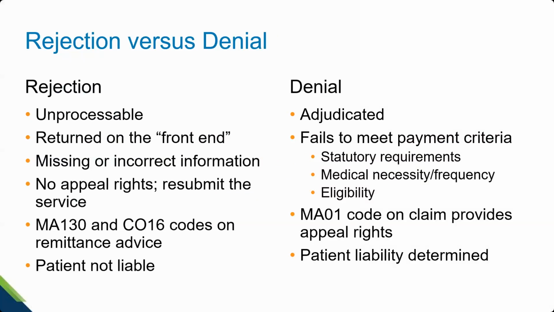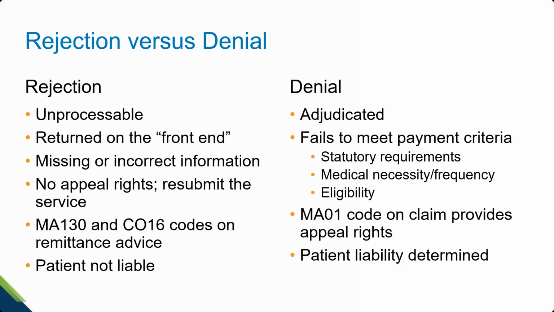It's never adjudicated. It is actually returned on what we like to call the front end before processing is performed. The reason for a rejection is that there's illogical or incorrect, even missing information on the claim. And because the claim is never processed, there are no appeal rights. What you need to do is fix it and resubmit it.